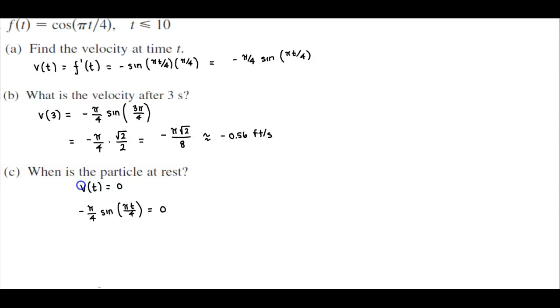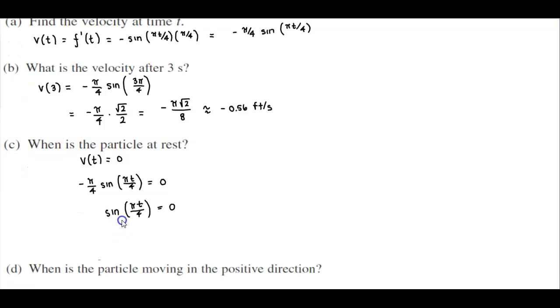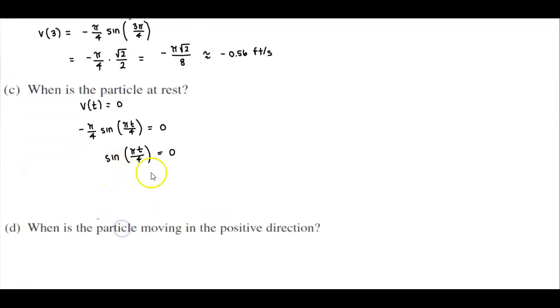So if we divide both sides by negative pi over 4, then we end up with the sine of pi t over 4 equal to 0. Okay, and then we're going to take the inverse sine in order to solve for t. So we have pi t over 4 equal to the sine inverse of 0.